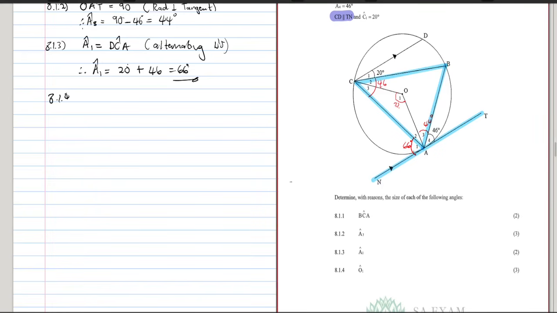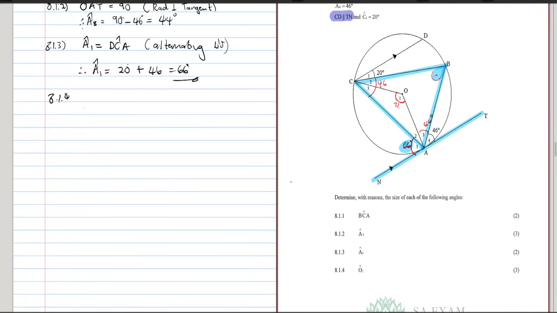Now, this 66 is equal to that angle B. That's the tan chord theorem, right? If I had B, I'll be able to calculate O1 because that's an angle at the center and that's an angle at the circumference.